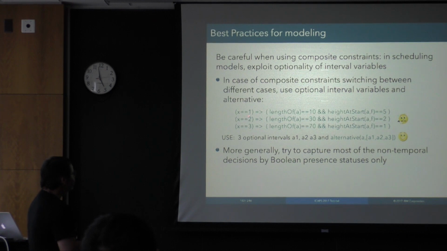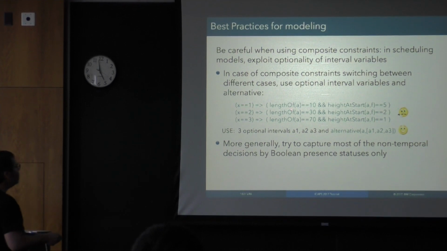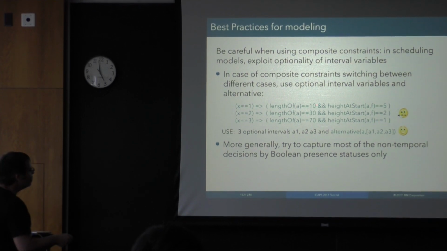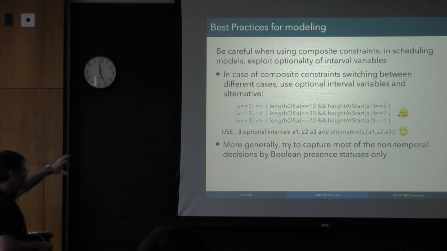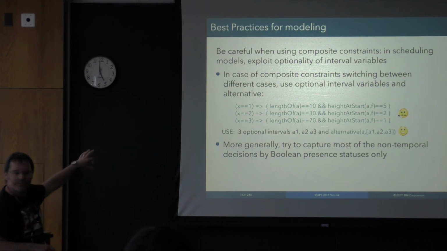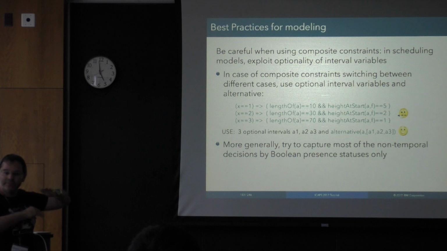Again, the same kind of thing. If you're tempted to write things like, I have an integer variable that distinguishes 3 cases. If x is equal to 1, then the length of the interval is 10, and then it consumes a given quantity of resource. If it's 2, then it's this. It's kind of a multimode, you see. No, this is very bad. If you have multimode, it means that you have alternative things.